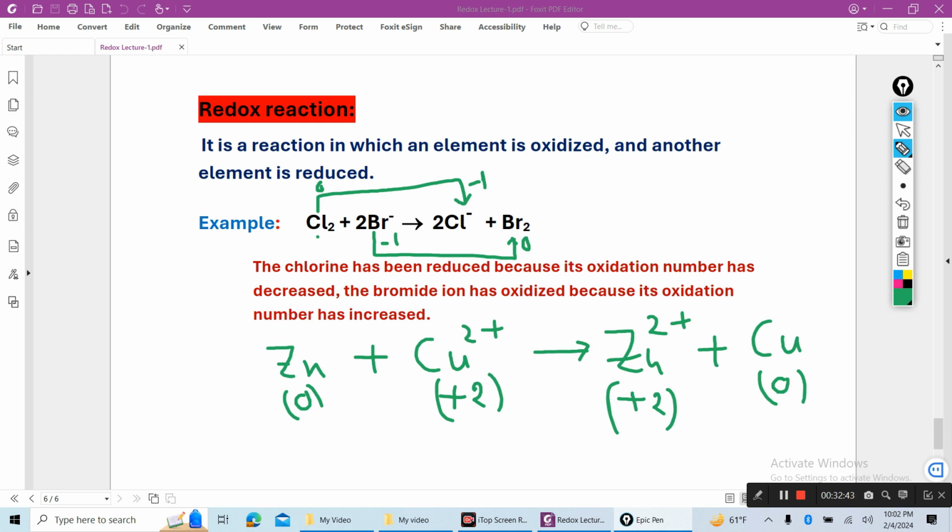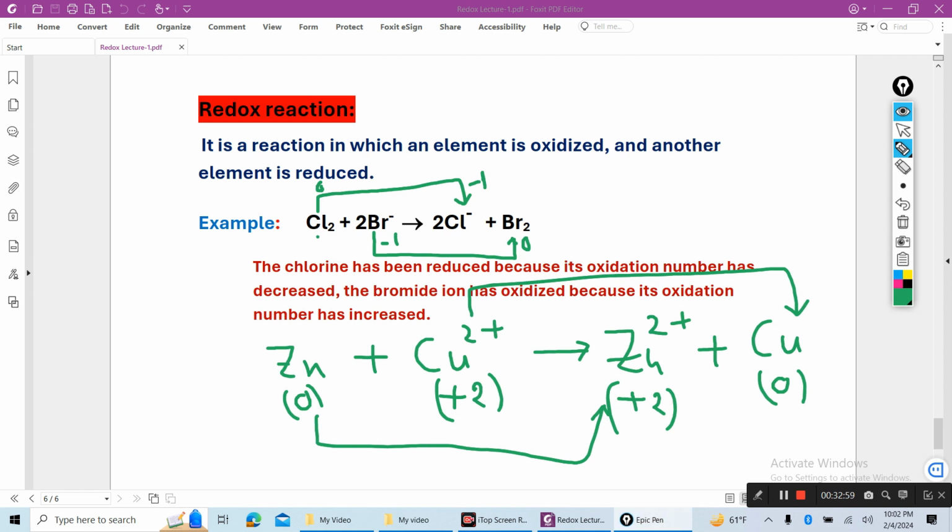So this reaction also a redox reaction, because zinc loses electron, copper ion gains electron.